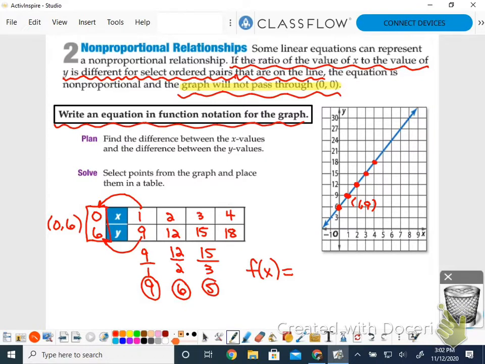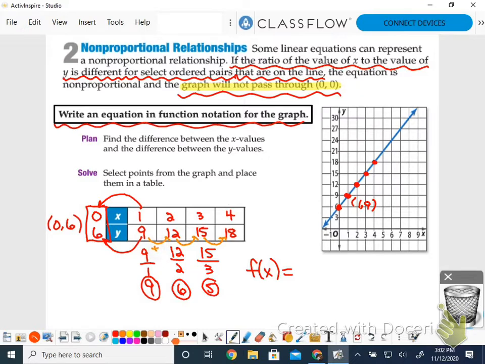Now, we're still going to use our rate of change, our same rate of change. And in order to do that, and this goes back to some things that we've done before, we're looking to see how much do these go up by every time.